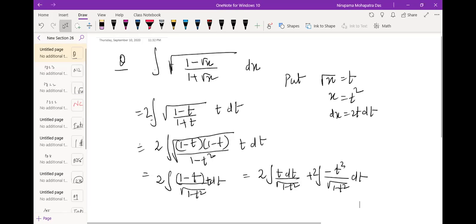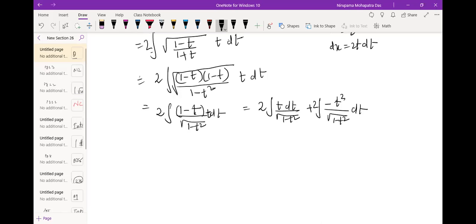For the first integral you don't have any problem, because if you take 1 minus t square as y, then 2t dt is dy. So you are having 2t dt divided by under root 1 minus t square, then plus twice of 1 minus t square minus 1, divided by under root 1 minus t square.